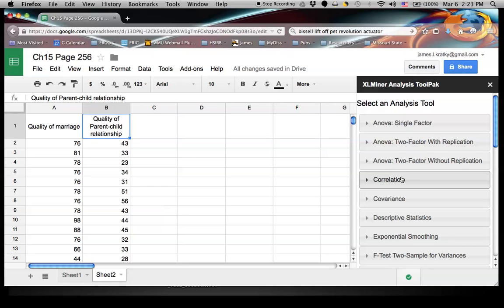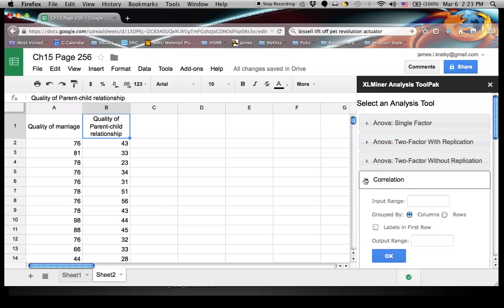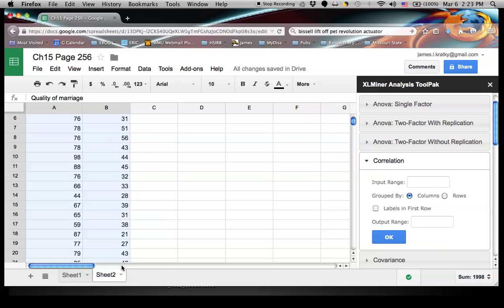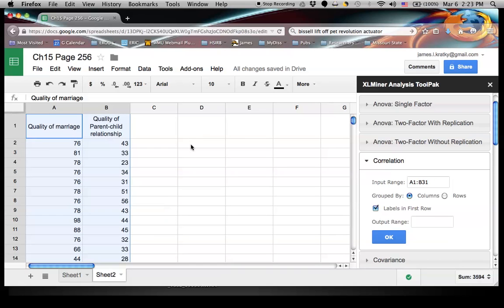It's going to be very similar to what we've done in the past. So we have our correlation, and then for our input range, I'm going to select this whole rectangle for both of the columns. For my input range, I do have the labels in the first row, and then I will output the results here.